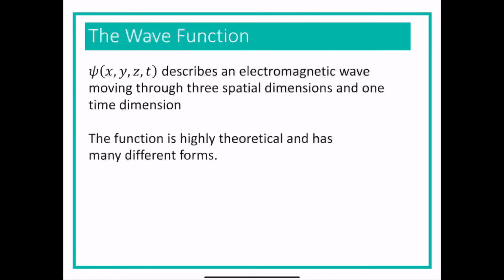The first thing we're going to talk about is something that we won't have to deal with in 4 dimensions, but it's something called the wave function. The wave function, in all its glory, has 4 dimensions because space has 3 dimensions and time has another one. And if you were going to fully describe a wave, like a light wave or an electron, you would have to describe it in 3 spatial dimensions and 1 time dimension.